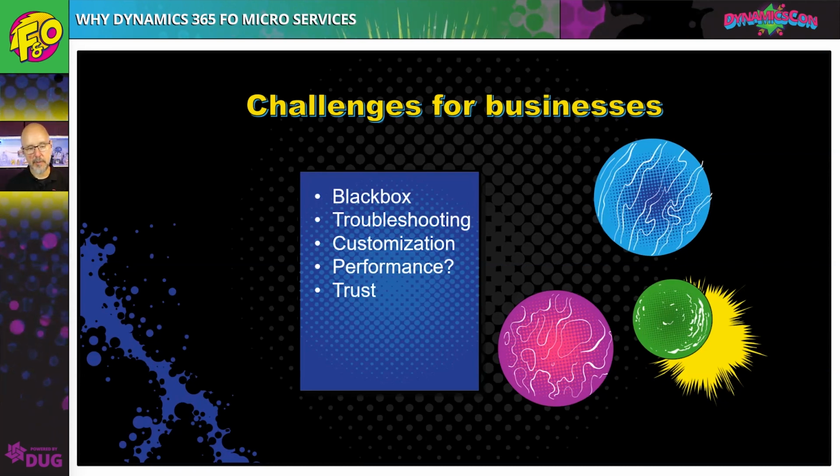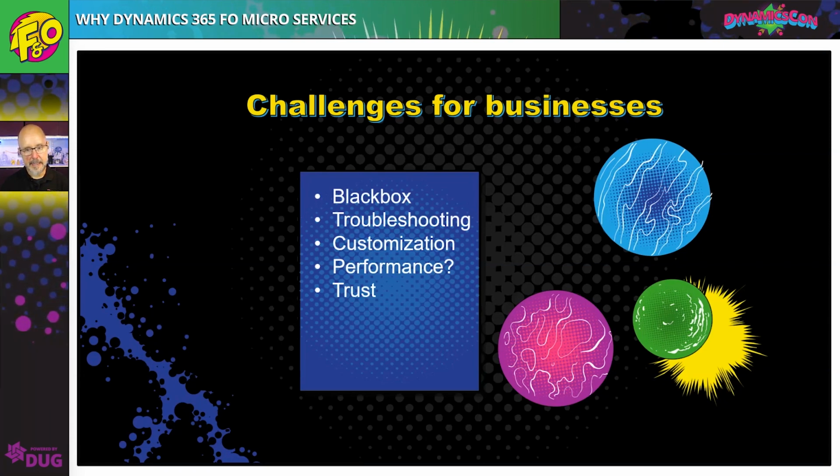There could be issues troubleshooting those, because in some cases I've been setting some of these up, and I wouldn't say that LCS has an abundance of information when it comes to troubleshooting these microservices, but I'm really hoping that this will get better going forward, or that it won't be necessary, because sometimes it is a bit tricky. As I said before, customization is maybe never the option in this case.